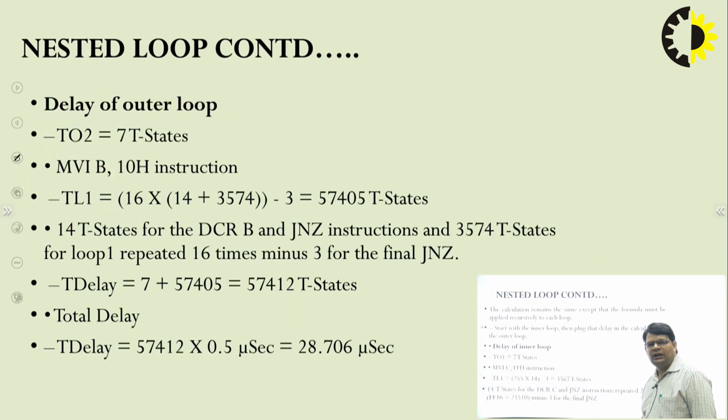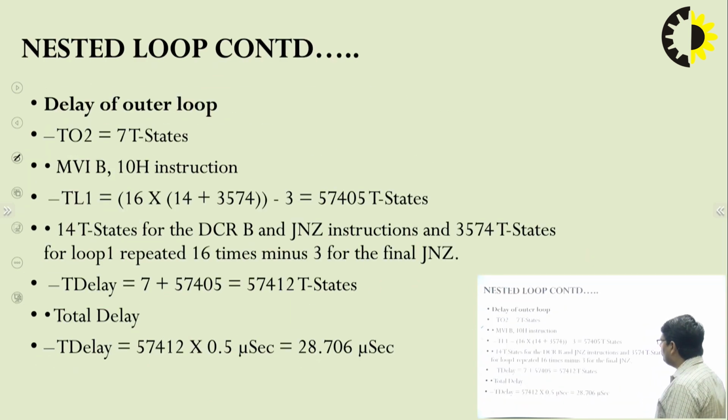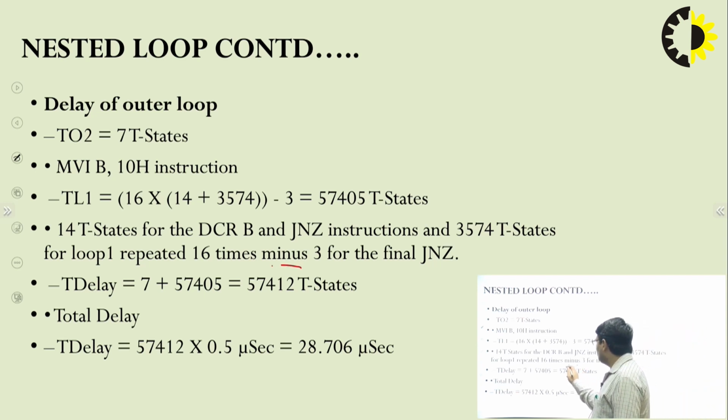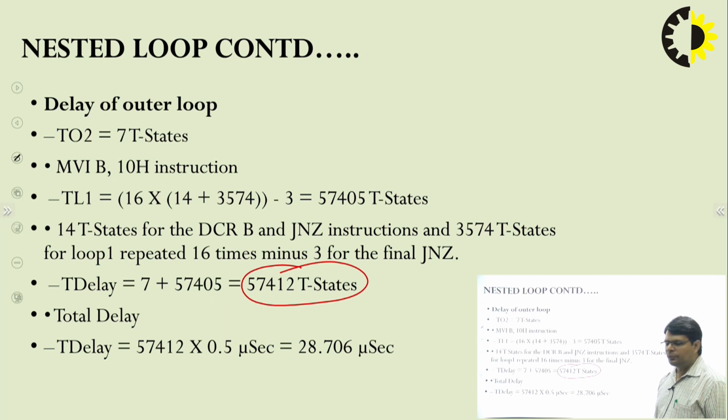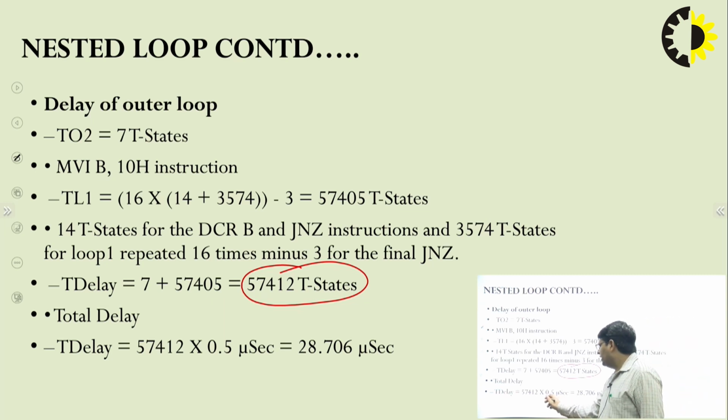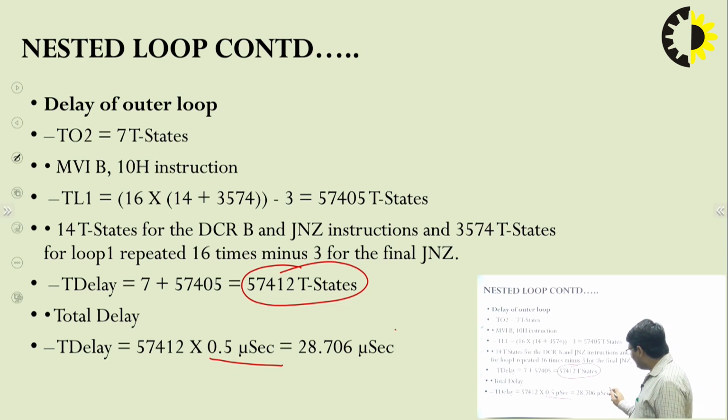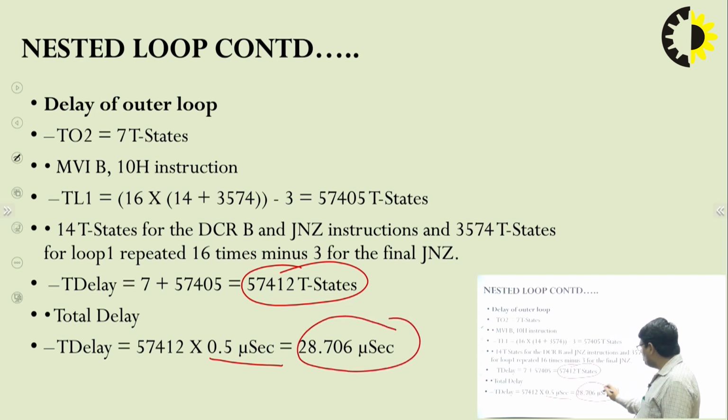Here we can see that the total number of T states for both of these loops will be 57412, and with 0.5 microsecond corresponding to 1 T state, the delay generated by this nested loop will be 28.706 microsecond.